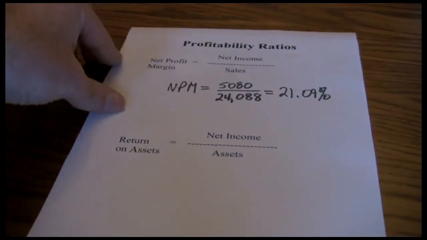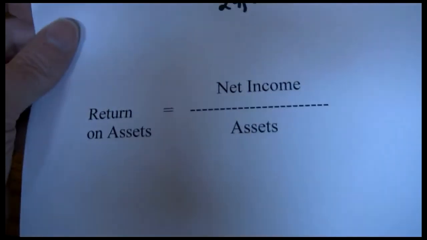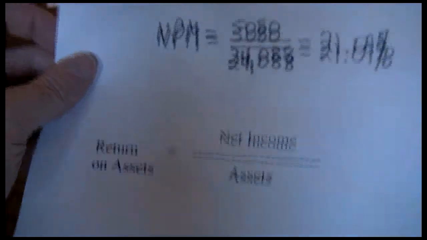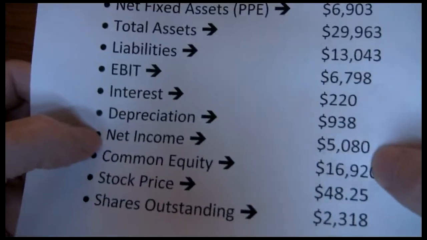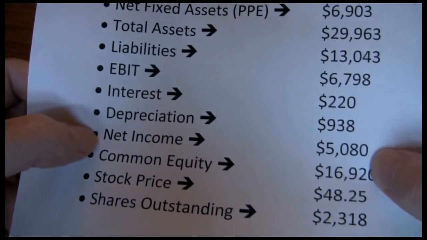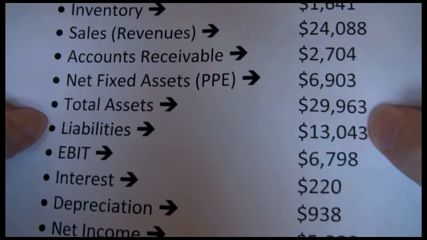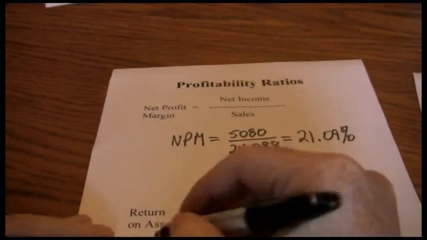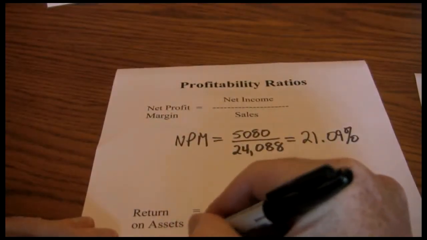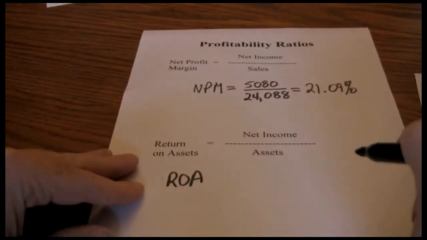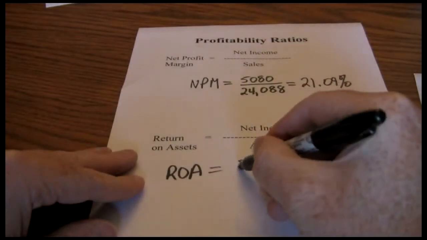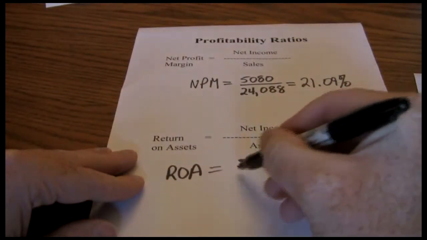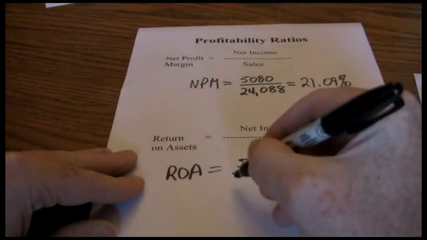Next, we want to look at return on assets. Our net income divided by assets. So we need our data sheet again. Net income was the 5,080. Total assets, 29,963. So we have our return on assets, and that is equal to that net income divided by our total assets.